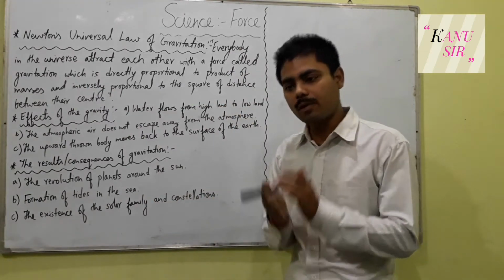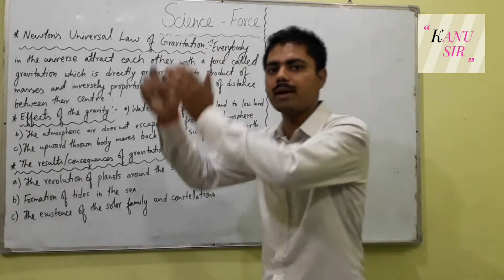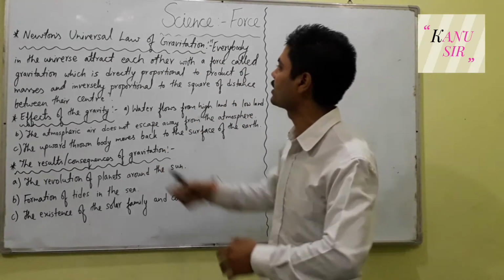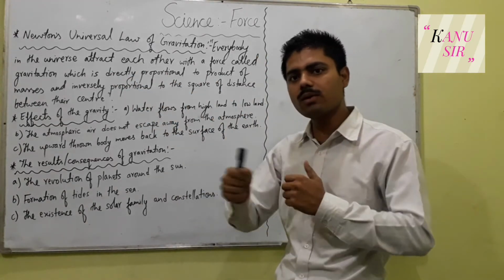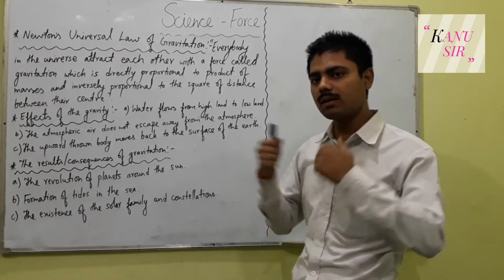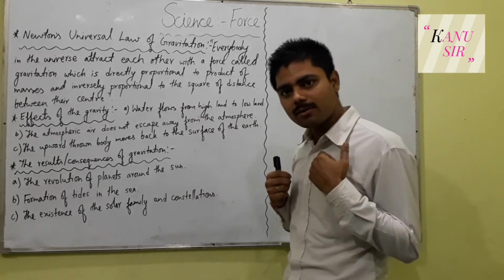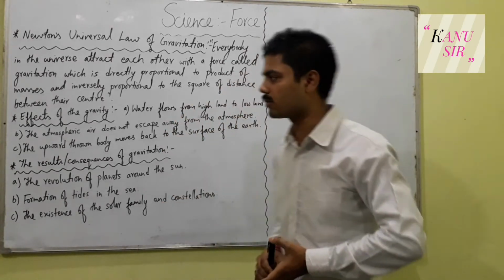Every object in the universe, from micro to macro, small objects to bigger objects, attracts each other with a force. So there is attraction between everybody with a certain force. The board is attracting me, the camera is attracting me, my body is attracting the camera and the board also.